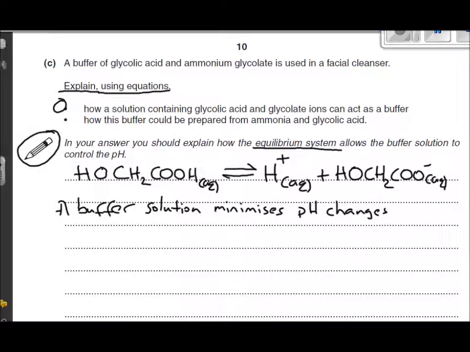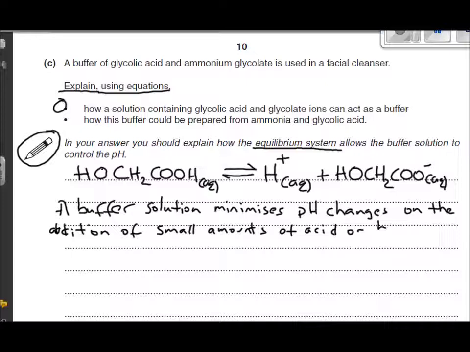on the addition of small amounts of an acid or base.